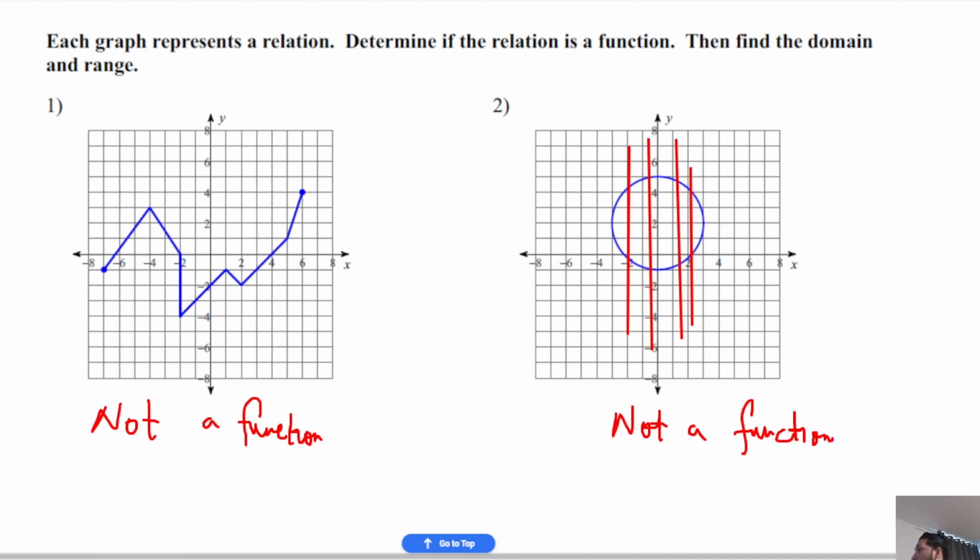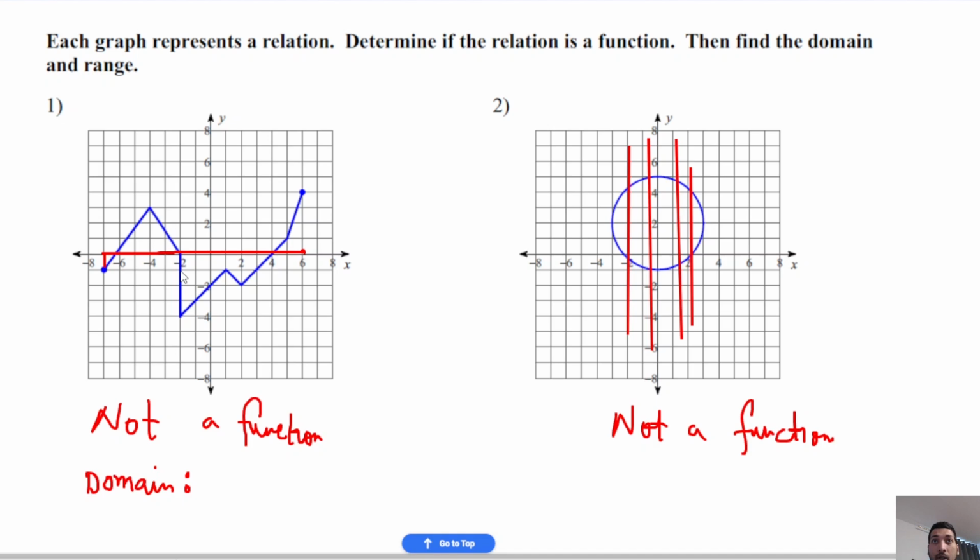Now to find the domain, we need to look at the input values shown on the x-axis, and to find the range, we need to look at the output values shown on the y-axis. Now on the x-axis, we can see that the starting value is -7 and it's ending at 6.